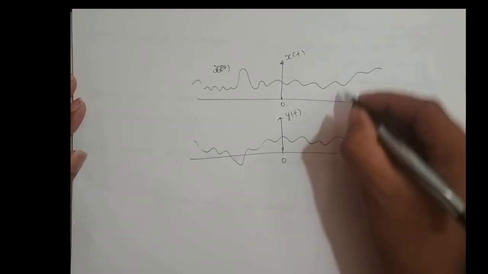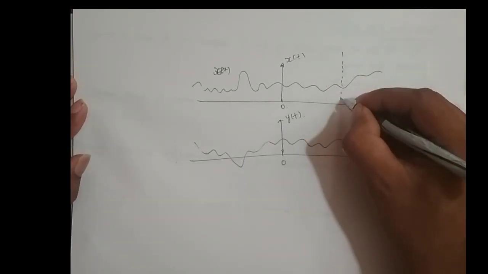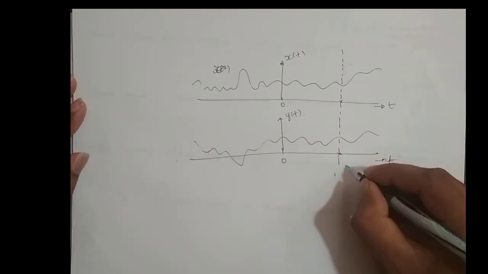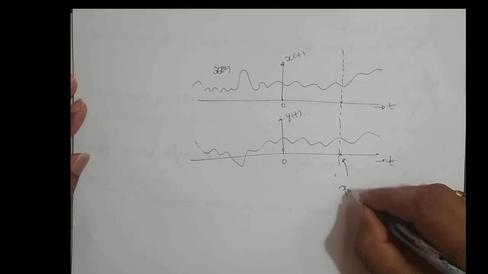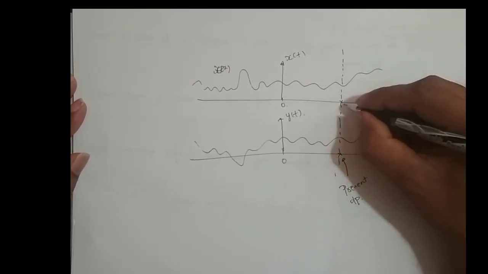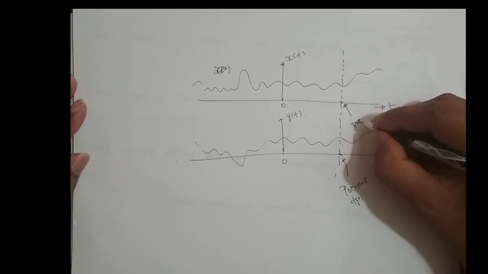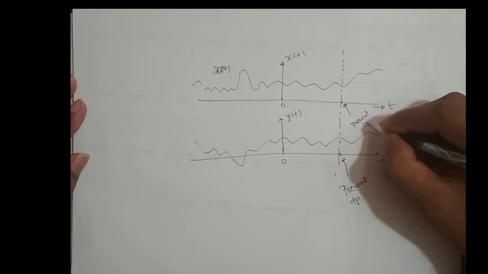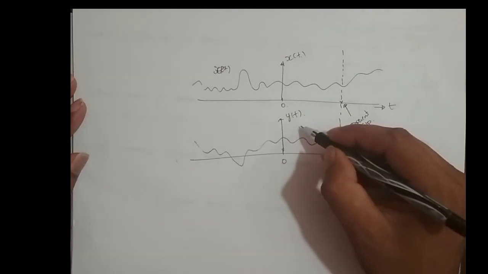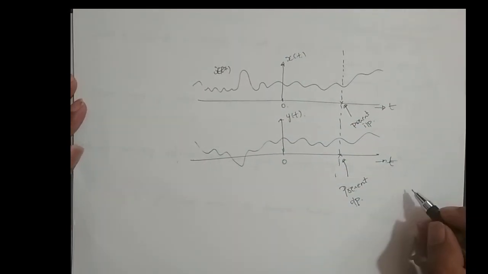So for example, if I consider this point as my present output, and this is the present input. Why present input? Because it is with respect to the input signal, and this is the present output because it is with respect to the output signal.